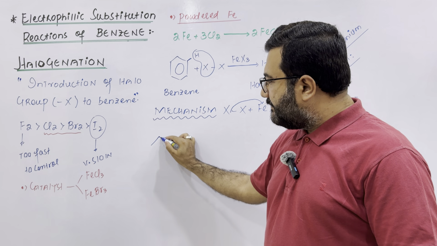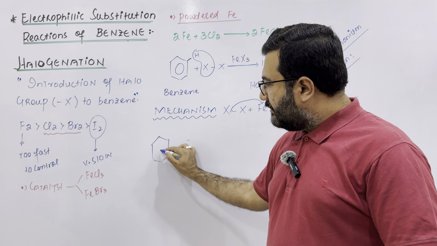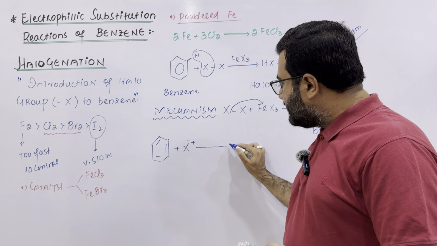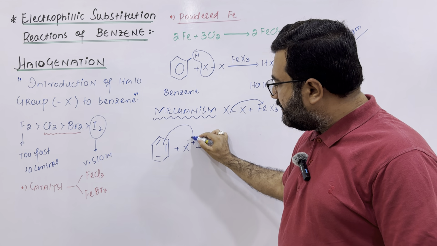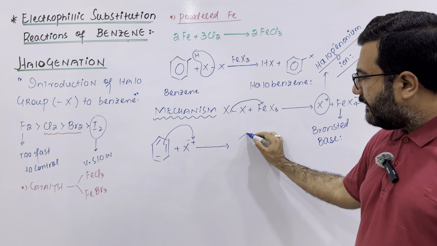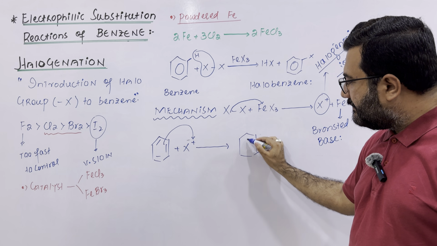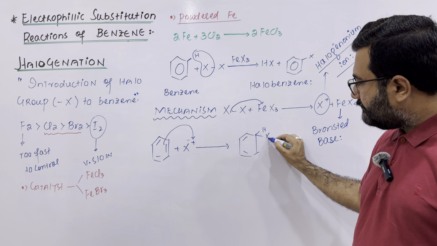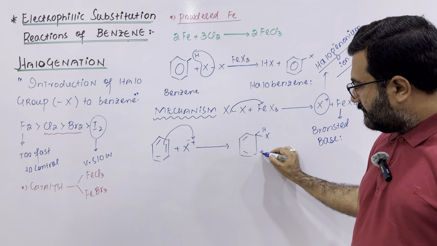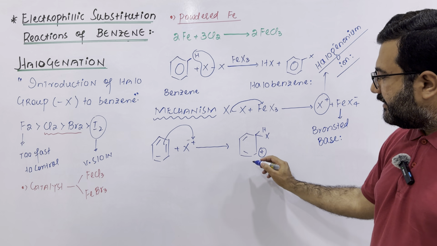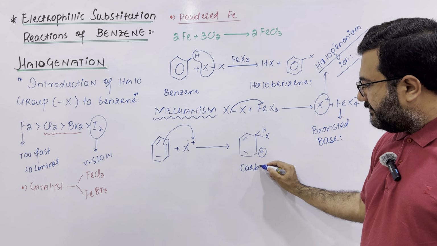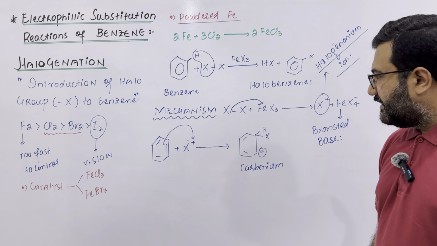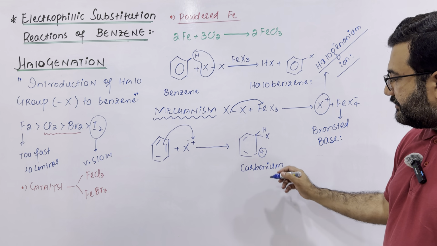In the second step, this strong electrophile attacks the pi electrons of the benzene, and my dear students, a carbocation or carbonium ion is generated, and this carbonium ion will be stabilized by the resonance, as we have already discussed in the general mechanism of the electrophilic substitution reactions.